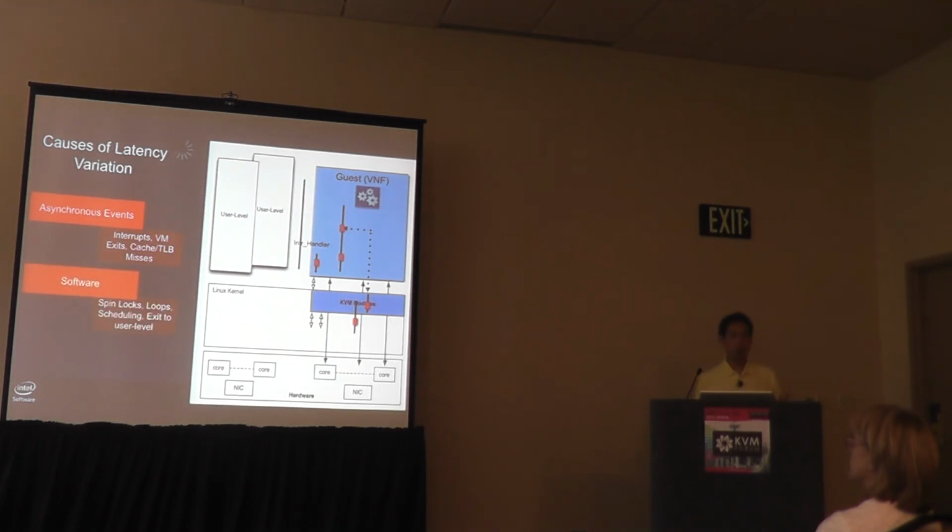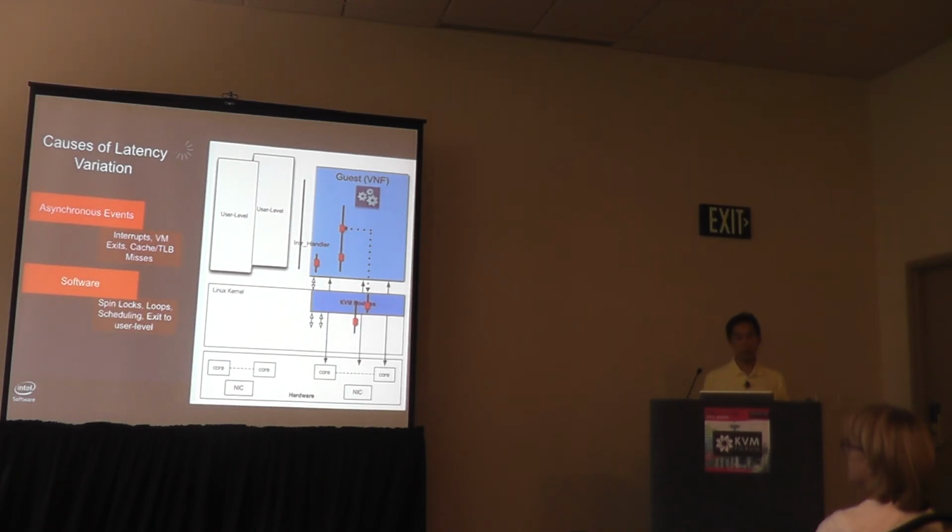Now, software can also have an issue. For example, if you have spin locks and you don't know how long it takes to get out of the spin lock, or if you have a mutex, right? Rick yesterday also talked about the need for a real-time Linux kernel. So the software is important, and also your applications. If your applications are not real-time ready, then you cannot expect any real-time behavior, of course.